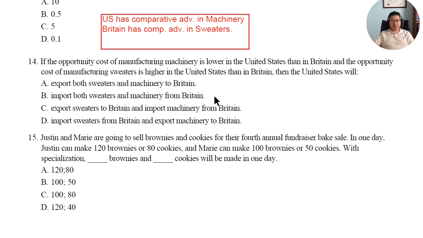It should specialize in the one that it has comparative advantage in and then export that product to Britain. And then Britain will export its product to the US. Now you need to find out which choice actually describes this kind of trade pattern, how the two countries should trade.